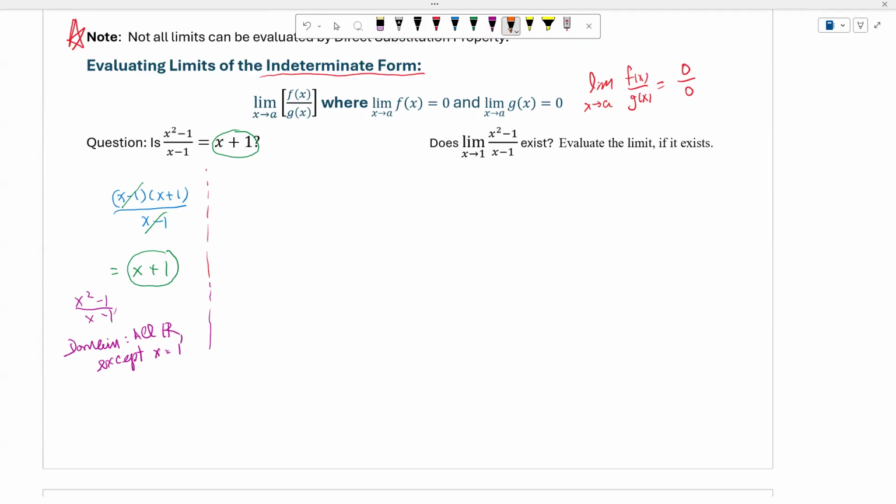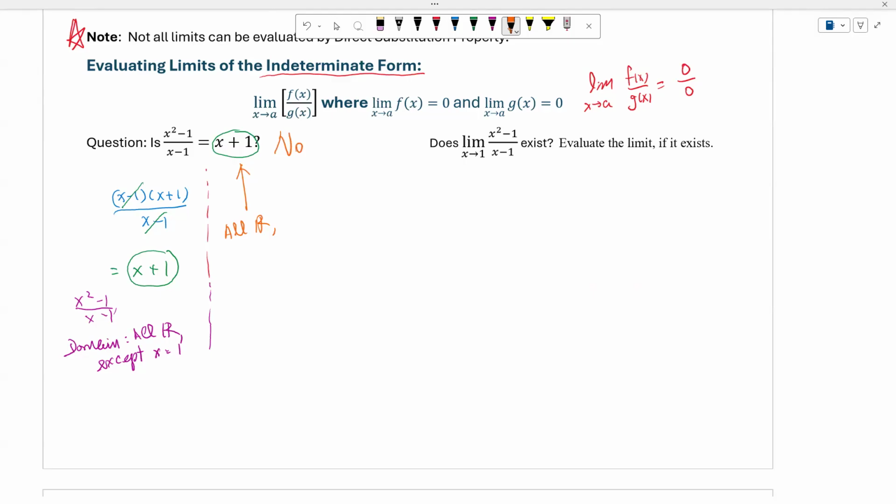Now what happened to x plus 1? x plus 1 is a polynomial function, so the domain will be all real numbers, and if x equals 1, your answer is 2. So in this case, they are not the same. So I could say it's no.